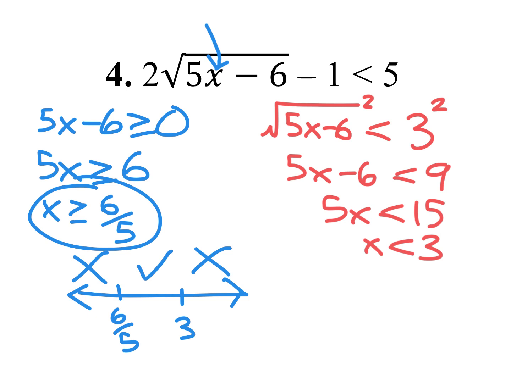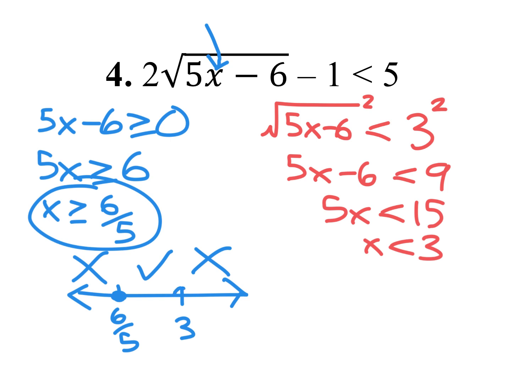So if you're having trouble following, off to the side, plug in the number, and you'll see that if you plug in 2, you end up with a true statement. All right, so I'm going to put my circles in. This was a closed circle. The number that comes from making the radicand non-negative is always going to be a closed circle.